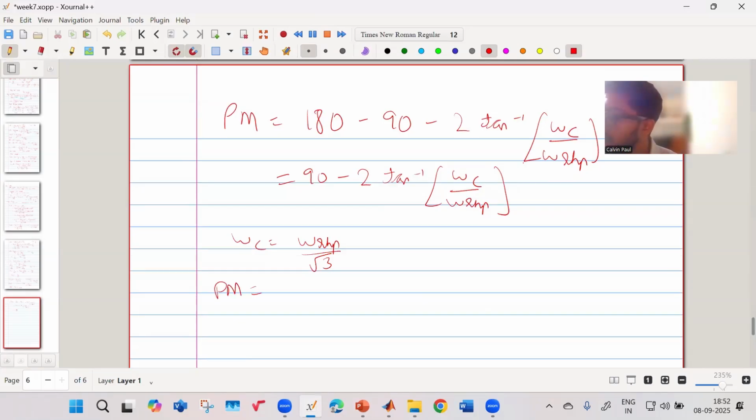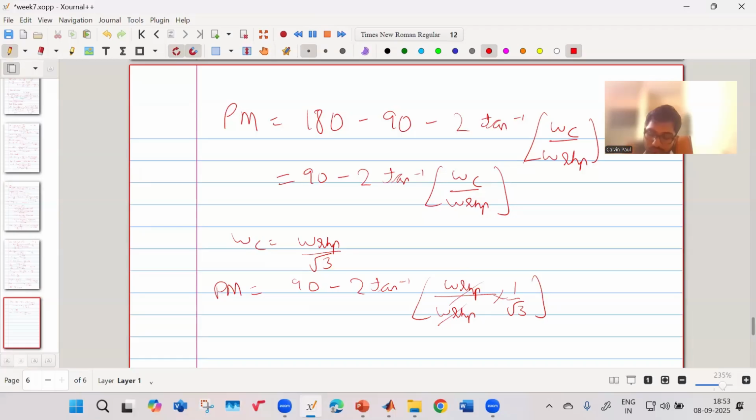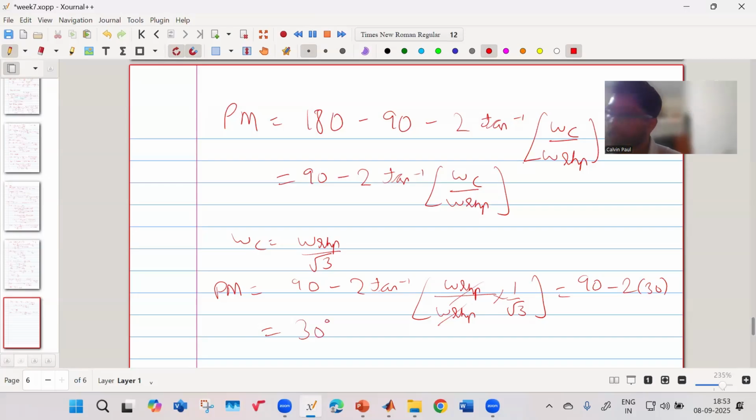Phase margin is equal to 90 minus 2 tan inverse of omega RHP into 1 upon root 3, over omega RHP. So what is tan inverse of 1 upon root 3? 30 degree. So it becomes 90 minus 2 into 30. So phase margin comes out to be 30 degree.